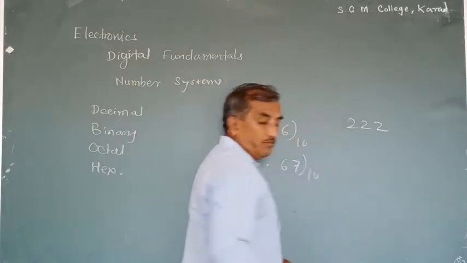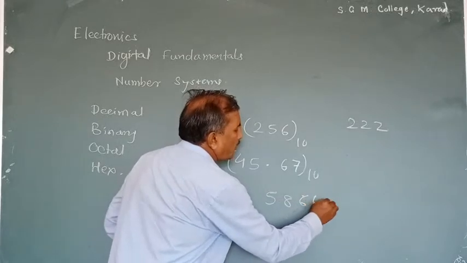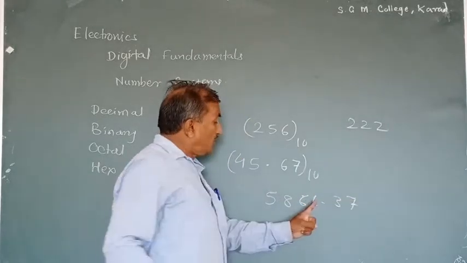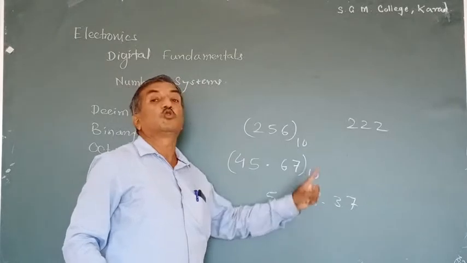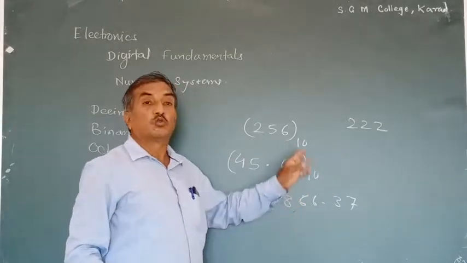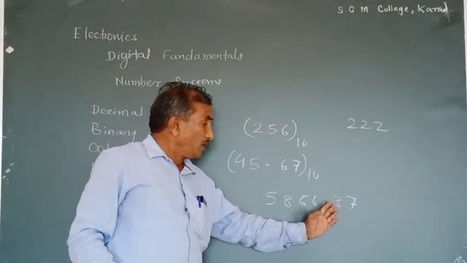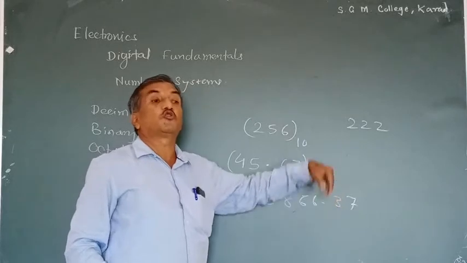Suppose a big number, 5866.37. Here 6 has positional weight 6 into 10 raised to 0, 6 into 10 raised to 1, 8 into 10 raised to 2, 5 into 10 raised to 3, and in the fractional part, 3 has weight 3 into 10 raised to minus 1.